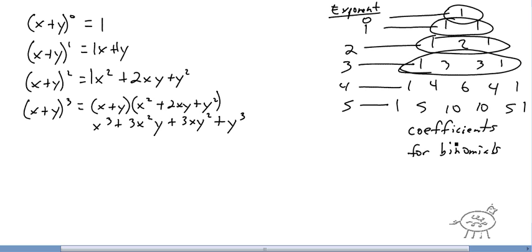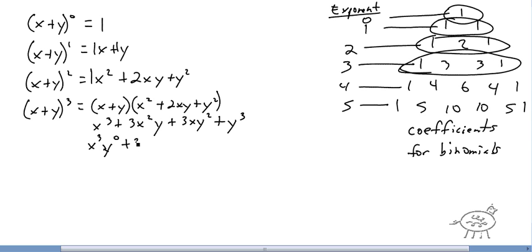I want to point out a couple other things here too. If you notice our first term, see how that's x cubed? It's really x cubed y to the 0.